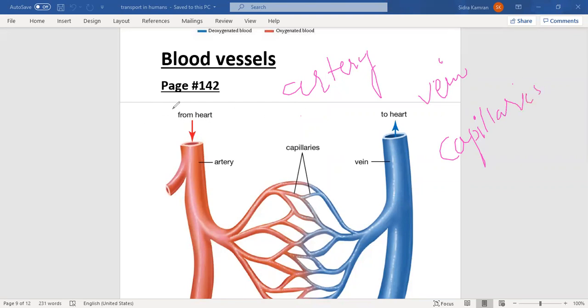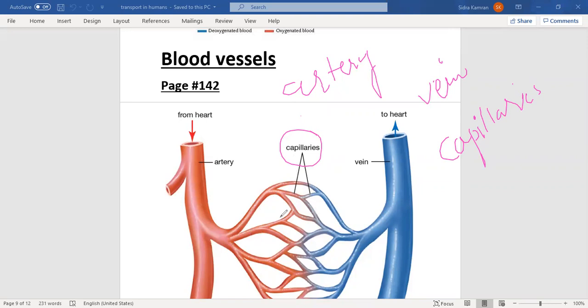From the heart, the blood goes into arteries, and these arteries carry blood to the whole body. These arteries divide into very fine vessels. These fine vessels are called capillaries, and they carry oxygenated blood.